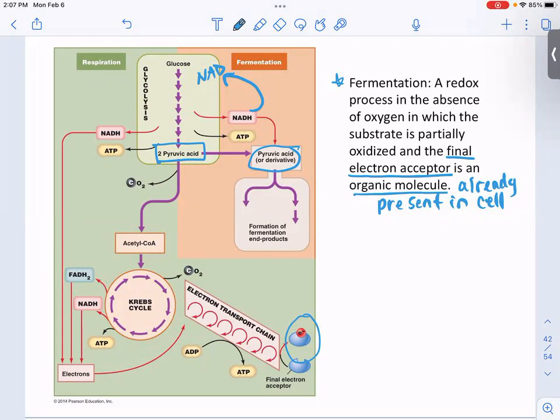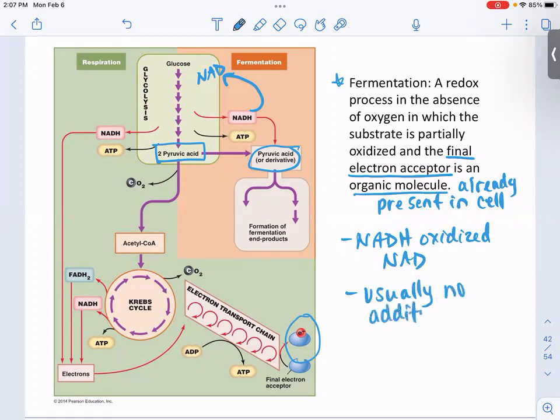Okay, so as we'll see, usually with fermentative pathways, we'll say NADH oxidized back to NAD in a fermentative pathway. And the other hallmark of fermentation, usually there's going to be no additional ATP made.